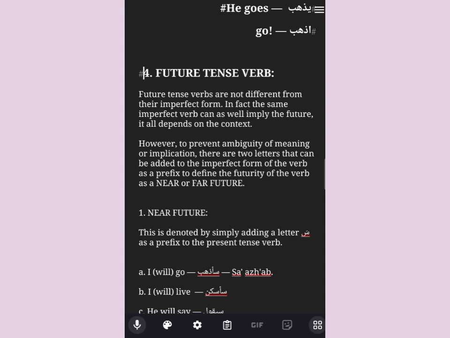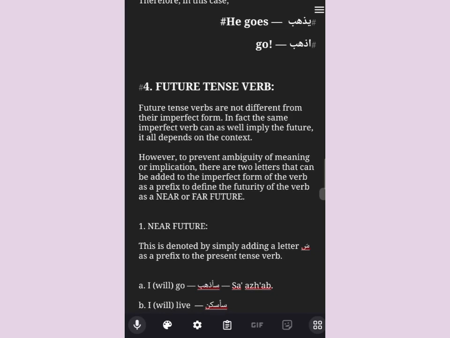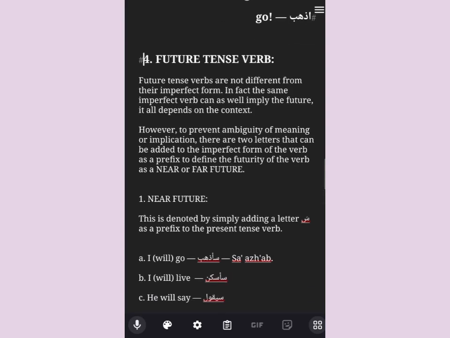We had two letters that we add to the fi'l mudari to create a sense of future with no ambiguity. These two letters divide the verb into two types of future: the near future and the far future.